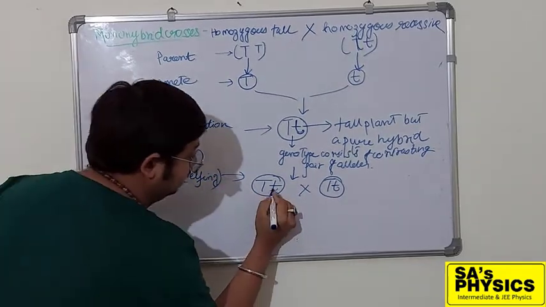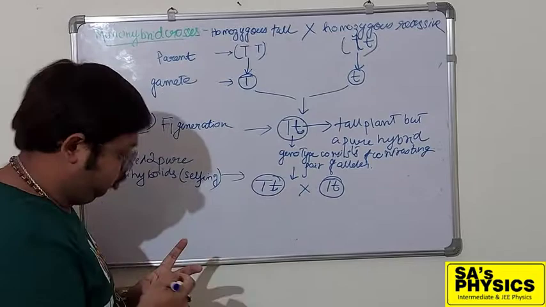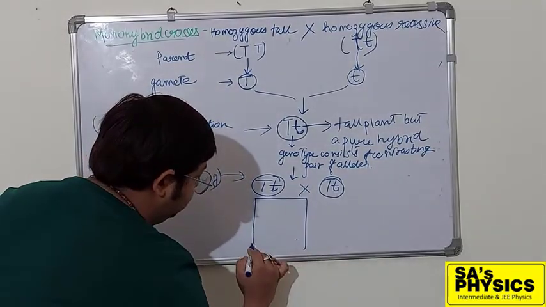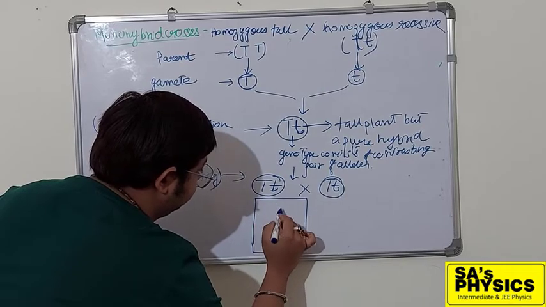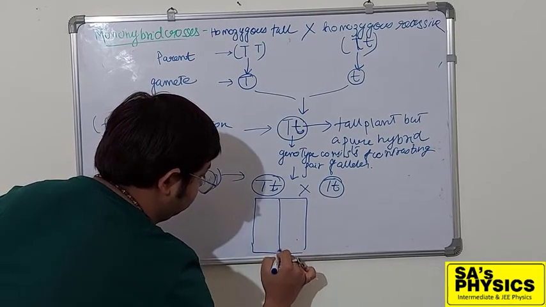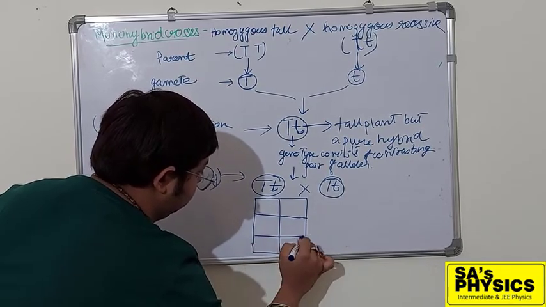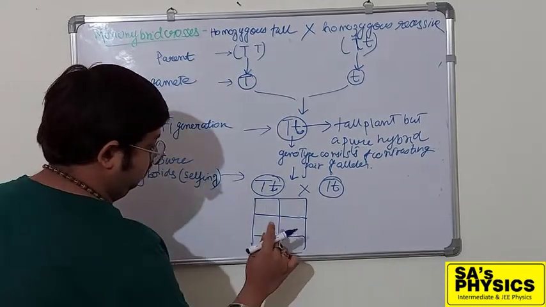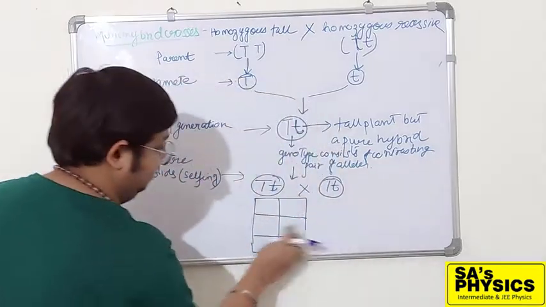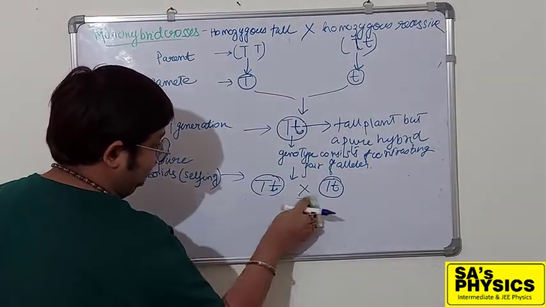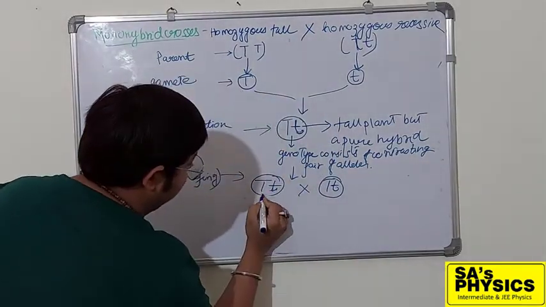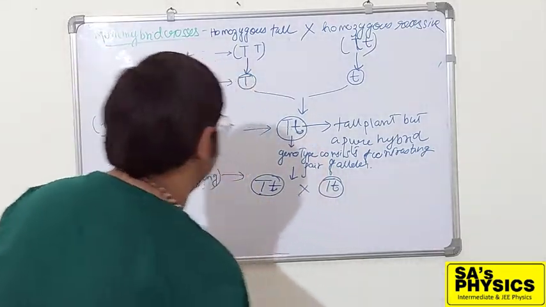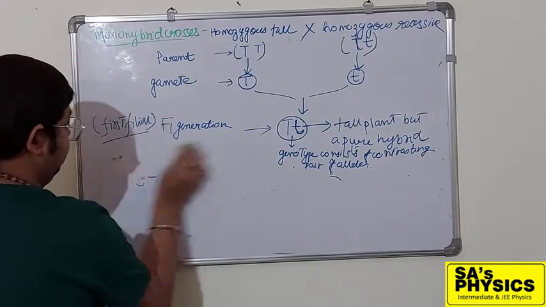And what did he get? So now we'll draw a Punnett square and we'll see what are the various combinations that he is getting. I'll just remove this so that we have some more space.